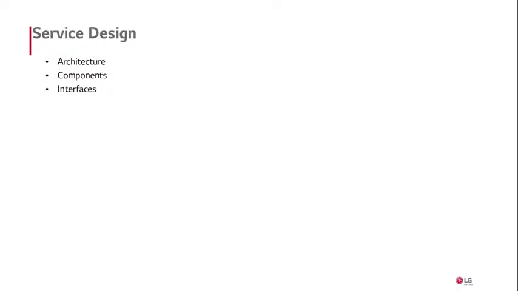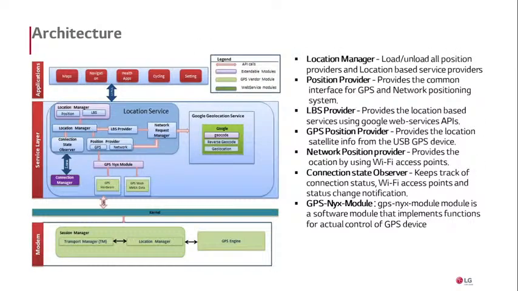Now, service design. Service design includes the architecture, the component diagram, and the interfaces provided by the location service. The architecture includes three layers: applications, the service layer, and the modem. Location service sits in the service layer, and applications like maps, navigation, health apps, cycling, and settings all use the location service for different purposes.